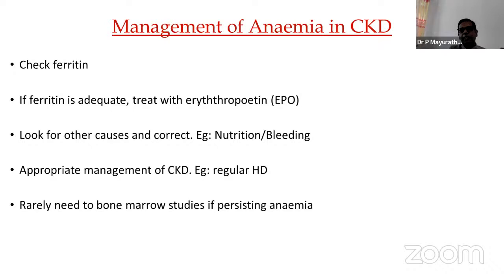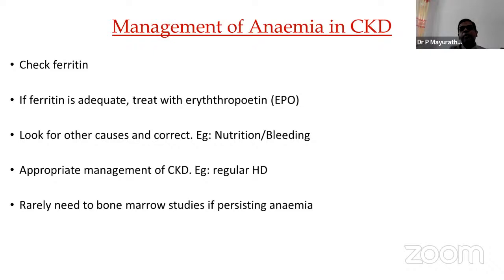But the efficacy, I told you, is the same. So go for the IV iron, then check the ferritin again. Whenever you achieve 100 for non-dialysis patients or 200 for dialysis patients with chronic kidney disease, then you can continue the erythropoietin. At the same time, whenever you give erythropoietin, it should increase the hemoglobin by 1 gram per week. That is our target.